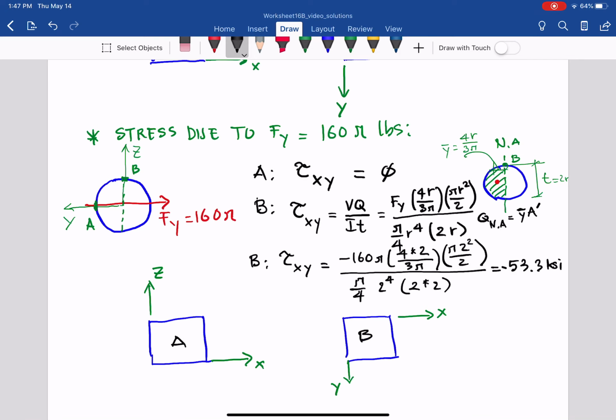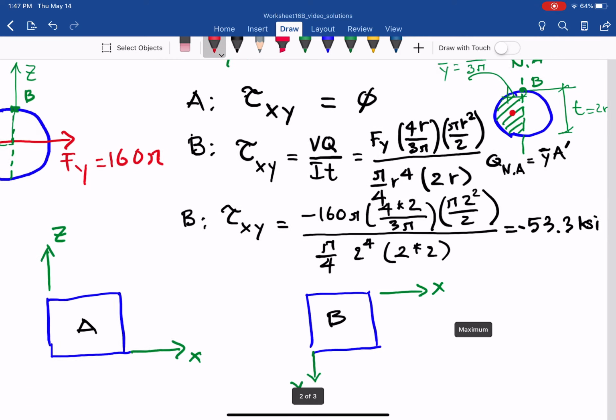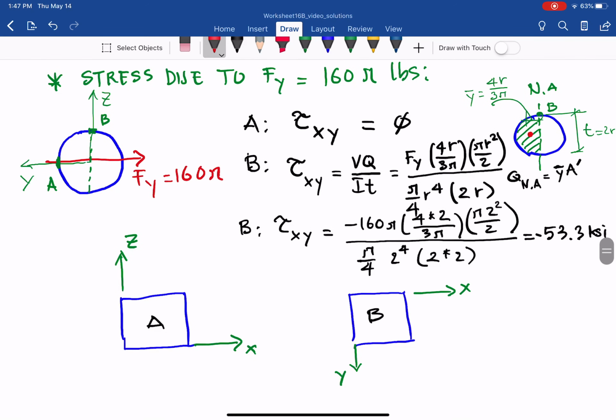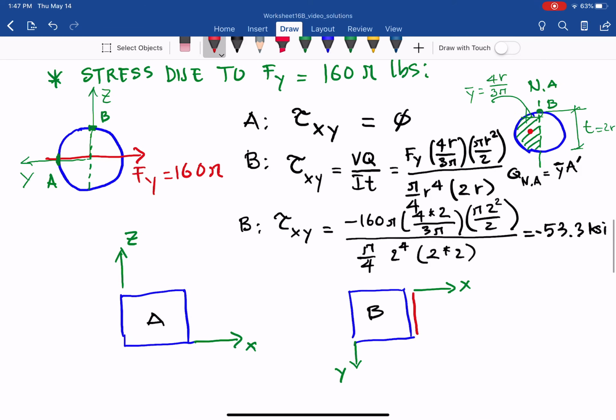Point B has maximum negative 53.3. With the positive x-axis on the right, as shown here, negative 53.3 means opposite to the y direction, so it goes up. My positive y is going down, so that one goes here.